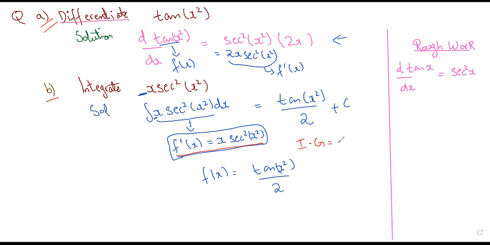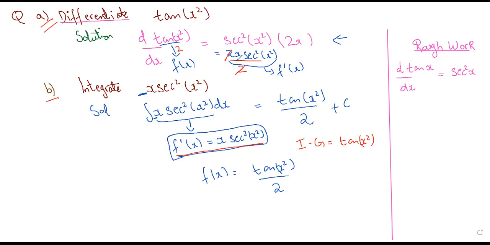The initial guess was that f of x would be tan x square only, but in the previous part I had tan x square only, and the derivative of tan x square only is 2x secant square x square. But if I have tan x square by 2, my derivative would be divided by 2 as well.